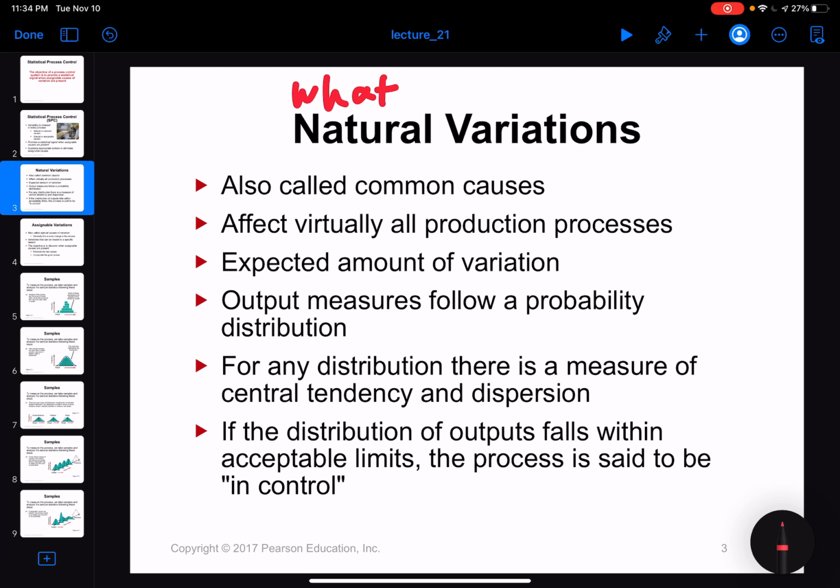Because it's due to nature, the natural variation will probably stay there, and probably the only way to improve such a natural variation is by technology.